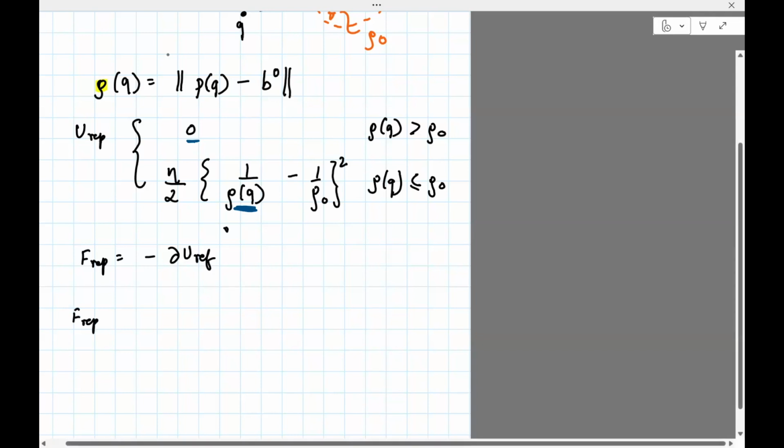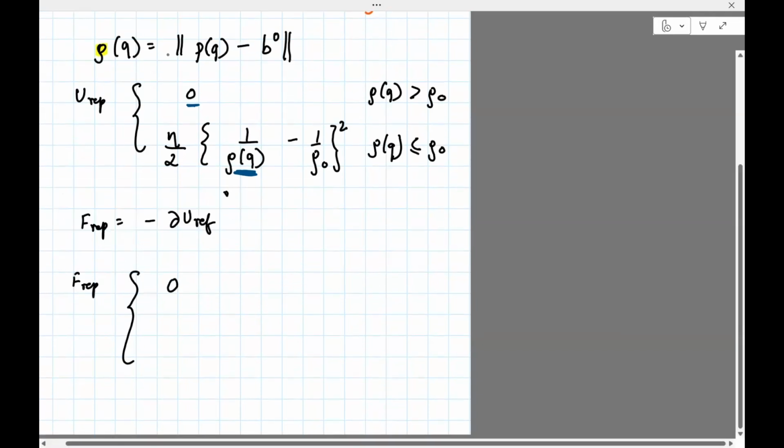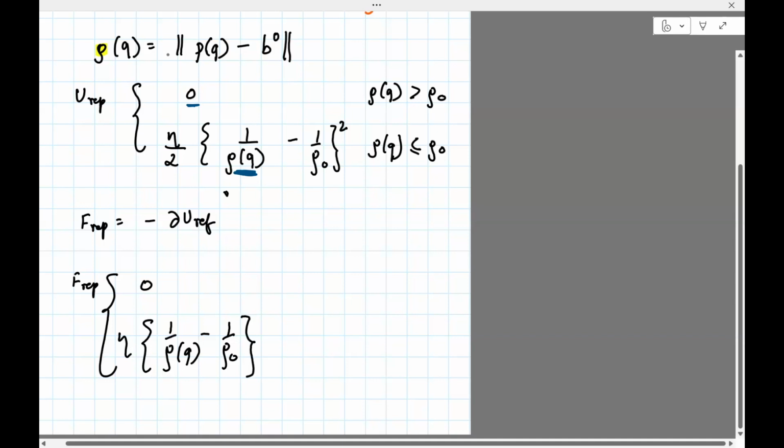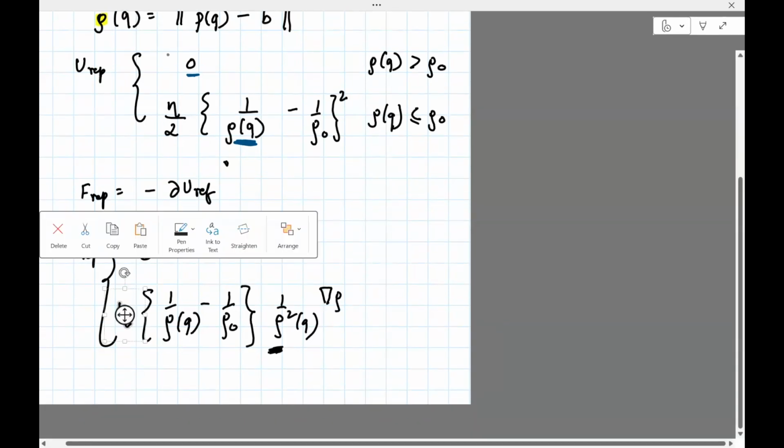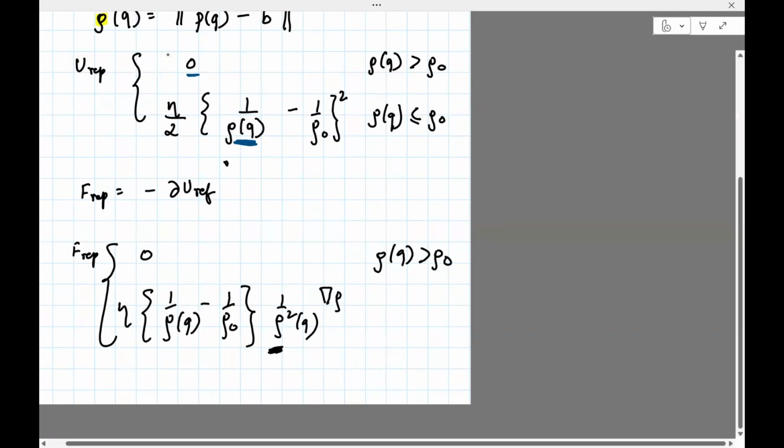The repulsive force will come out to be 0 if rho of q is greater than rho 0, but otherwise the expression is a little complicated because you have to use the chain rule. Eta divided by... the 2 in the derivative and the 2 below get cancelled. Then you keep this term as it is. Then by the chain rule, you take the derivative of the inner term, which gives 1 over rho squared of q.